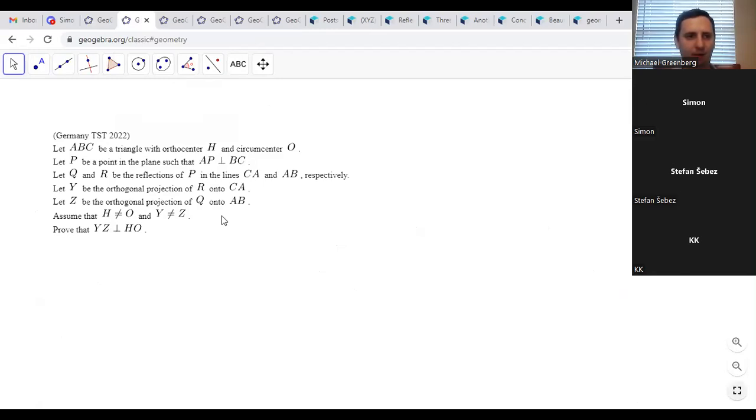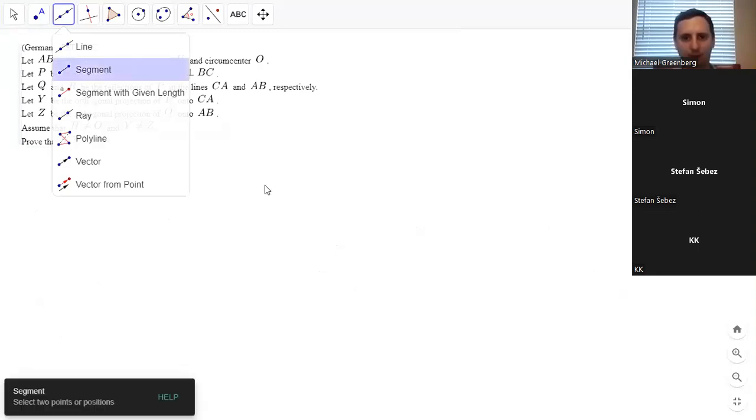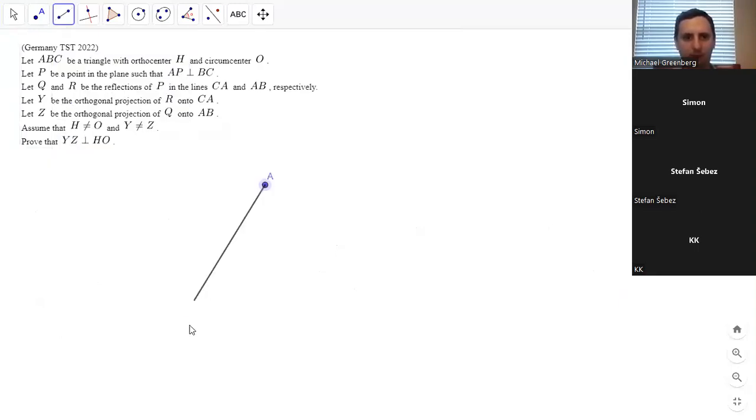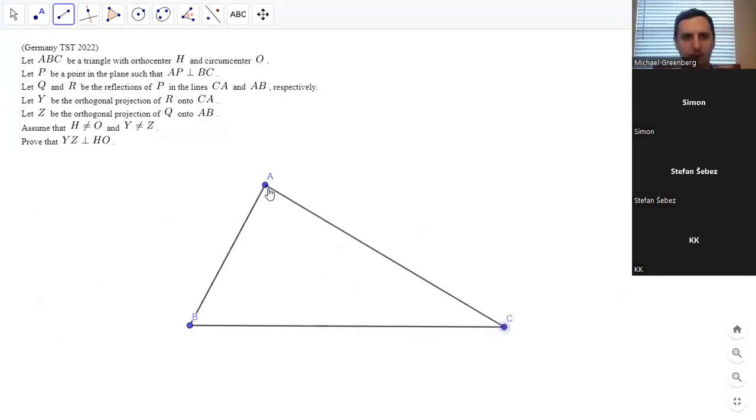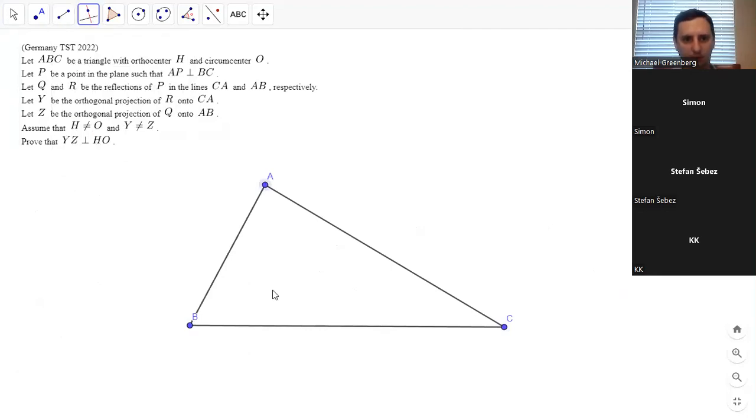All right, so here's a problem from Germany's team selection test. You have a triangle ABC, H is the orthocenter and O is the circumcenter. So we have AP perpendicular to BC.